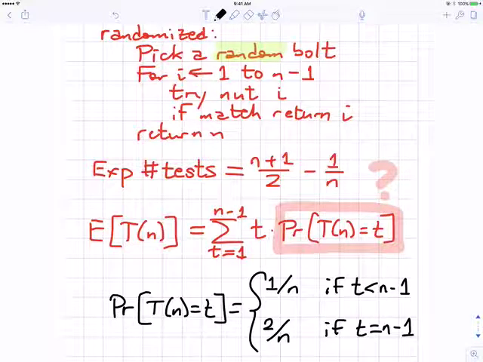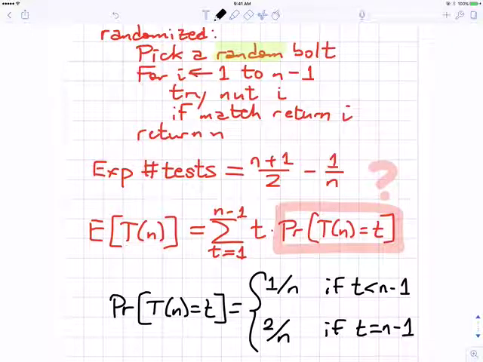Another way that you can see this is, if I didn't have this stupid trick at the end of avoiding the last test, every number between 1 and n is equally likely. And so I would expect the average to be halfway between 1 and n. But 1 over n of the time, I get to save 1 test.